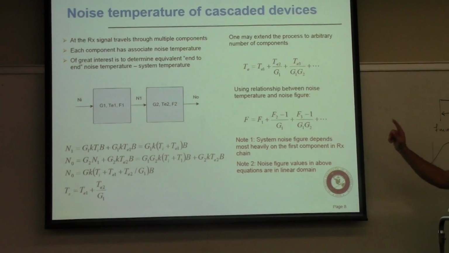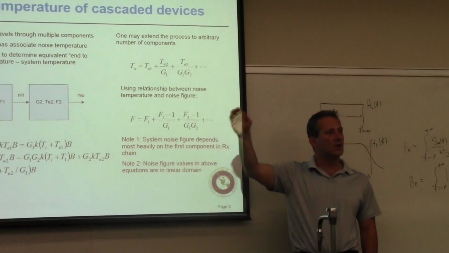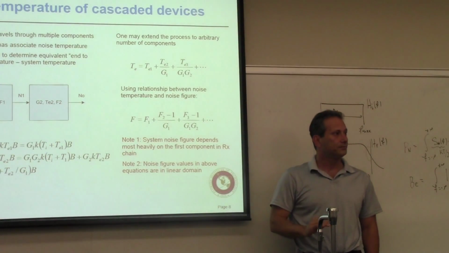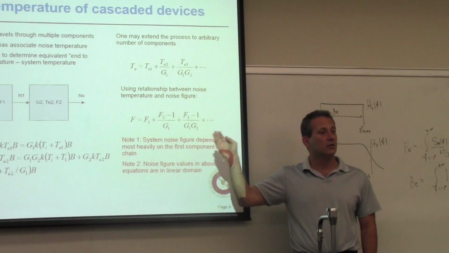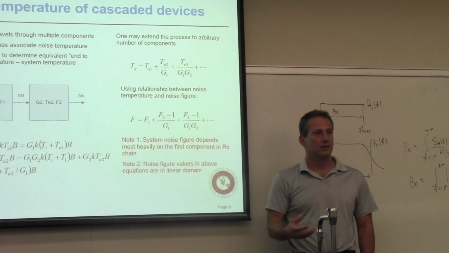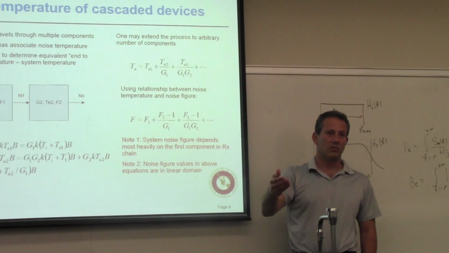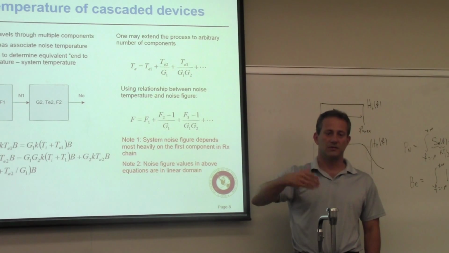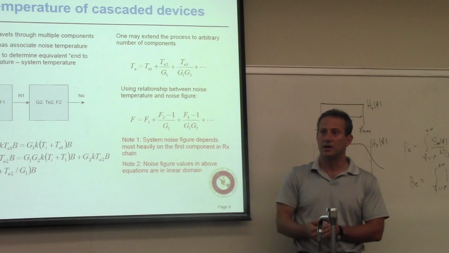One thing that I want to mention: I can talk about gains, right, where gain is the ratio of the output power to the input power. Gain can be negative in dB, which means these G's can be smaller than 1, right? The gain of 0 dB is linearly 1, right? So that's the device that has no gain. Whatever is the power input is the power in the output.